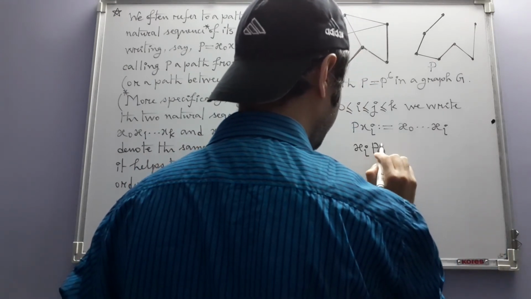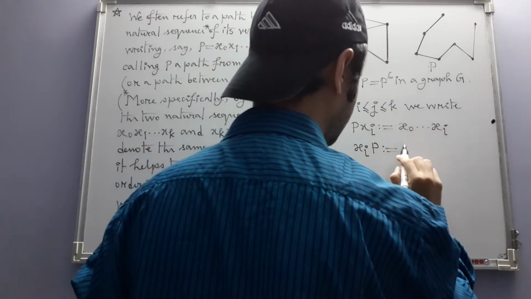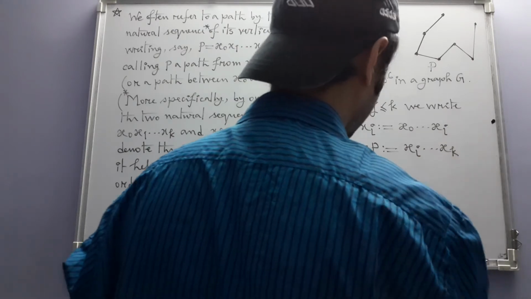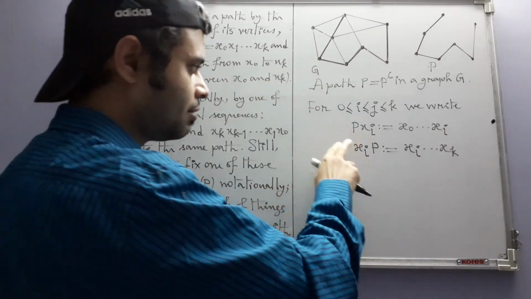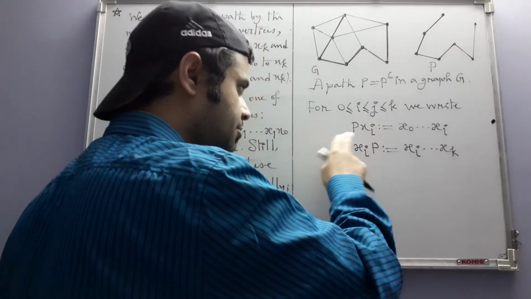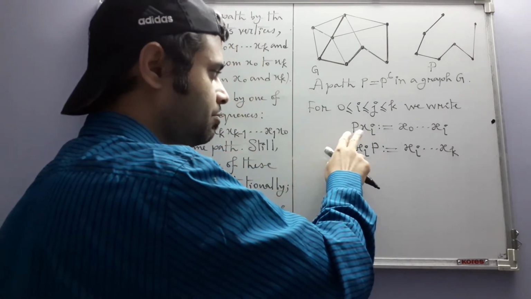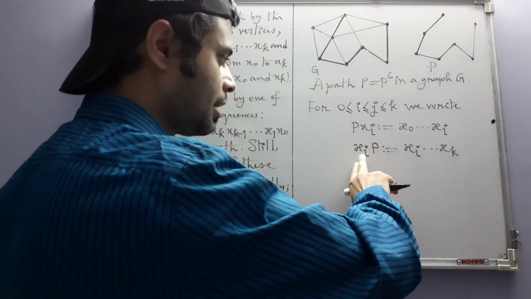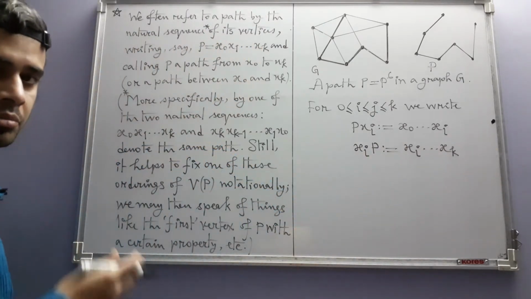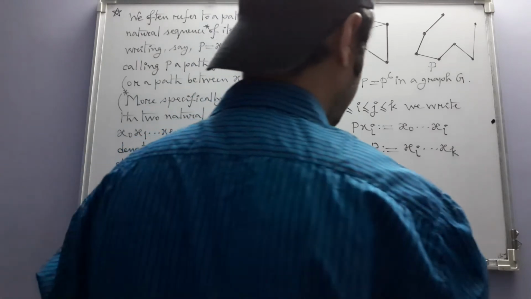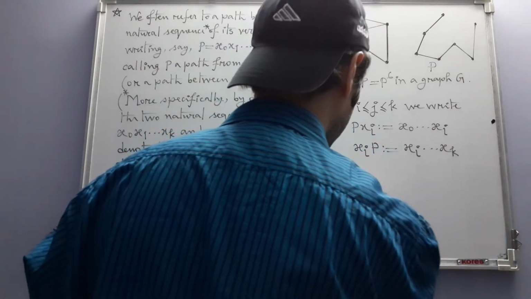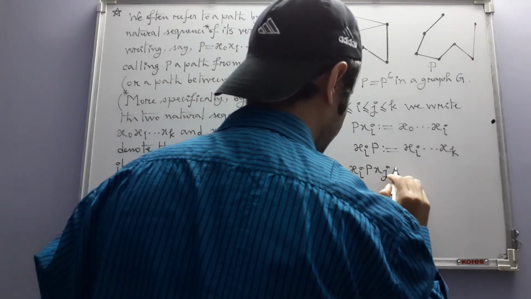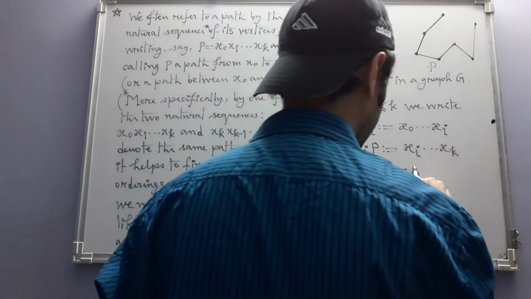by x_i P we will mean the path between xi and xk, that is the part of the graph that lies on this side of xi. That's what we mean by P x_i, and by this we mean the part of the path that lies on the right side of xi, at least in this order. So these notations mean this thing, and x_i P x_j, of course now you can almost guess what this is.